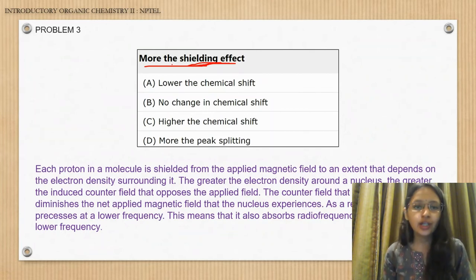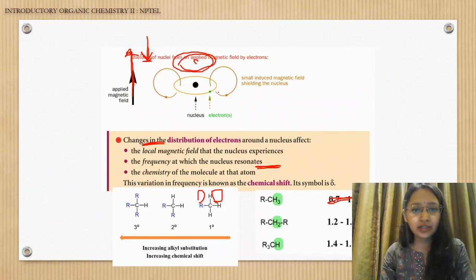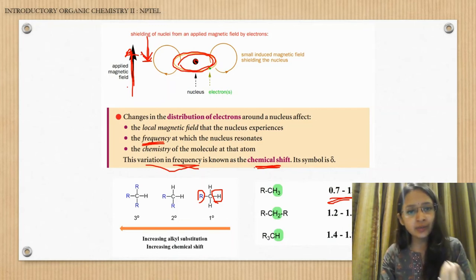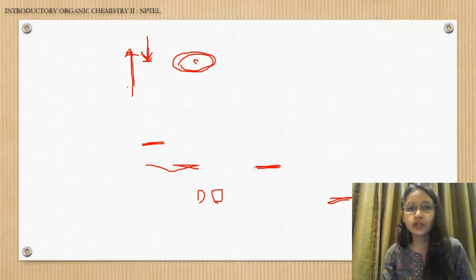So if the resonance frequency is low, then the chemical shift value is lower. Chemical shift value is nothing but a variation in frequency. So the frequency at which our nucleus is resonating has a direct significance with the chemical shift. If the resonance frequency is lowering, then the chemical shift value is also lowering for that particular nucleus.